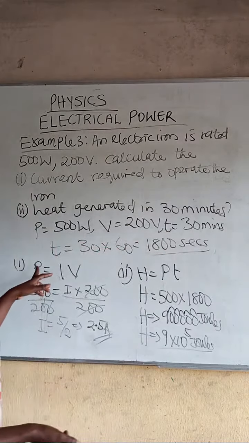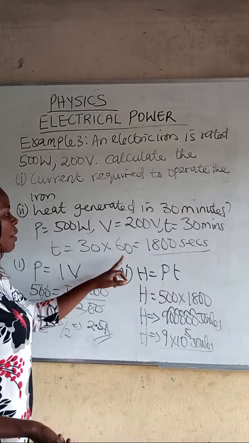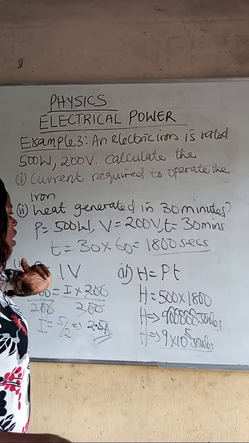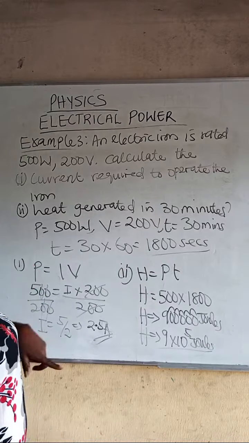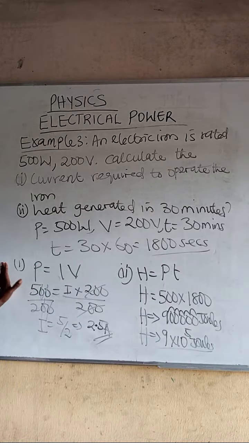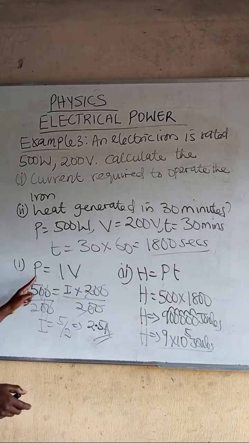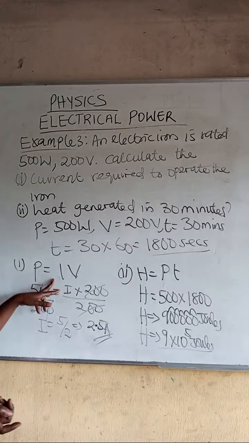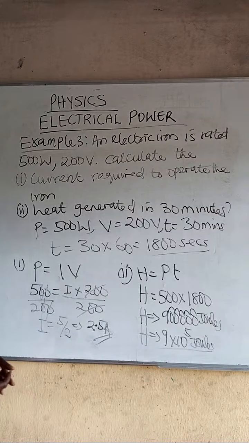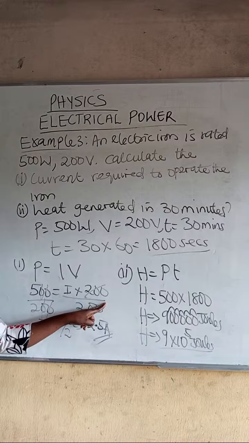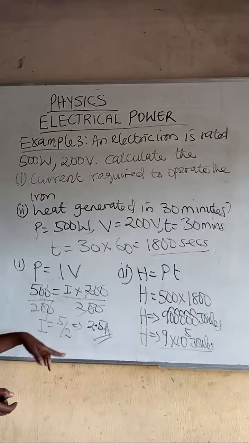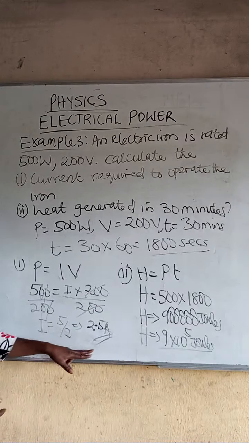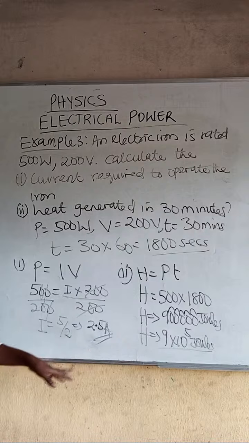And we must convert the minutes to seconds by multiplying by 60 to give us 1,800 seconds. Then from our formula, P equals current times PD, and we are looking for current. So we substitute our values, 500 equals current times 200. So we make I the subject to obtain our answer to be 2.5 amperes.